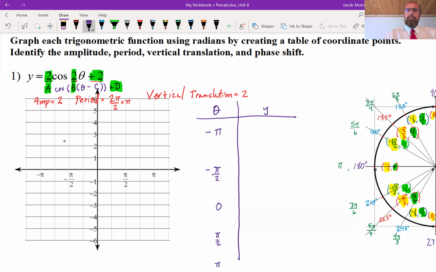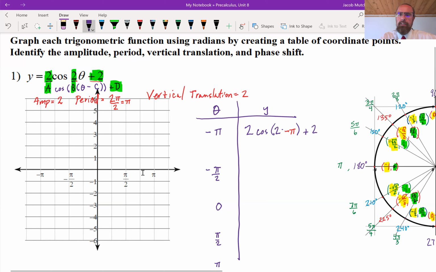So let's try to calculate some of these outputs. I'm just going to take the function and plug in our theta value. So it's 2 times cosine of 2 times negative pi. So that's our first value we're plugging in here. Then we'll pick up with parentheses plus 2. So that's what we need to calculate. Let's start with the angle cosine at negative 2 pi.